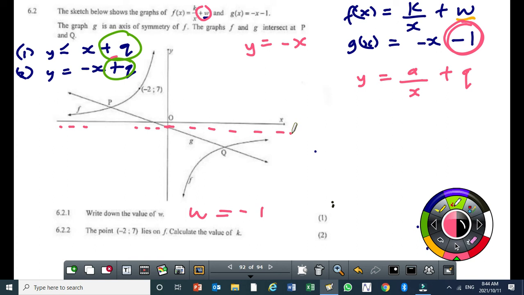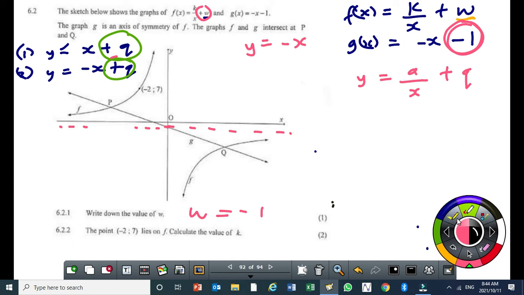Right then, 6.22. You are given a point on the graph where x is minus 2, y is 7. Calculate the value of k. Now this is easy because we now know what the value of w is.